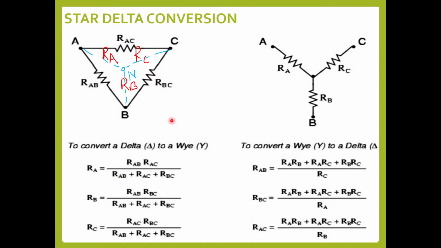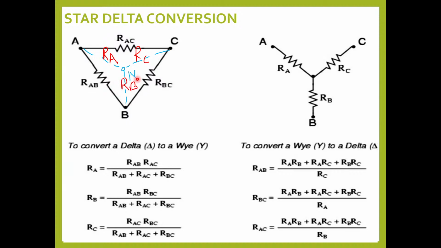Simply, directly from this, instead of going for derivation, I can directly write down the RA expression. So RA is equal to RAB into RAC whole divided by RAB plus RAC plus RBC. Okay, that's it. It's my RA.